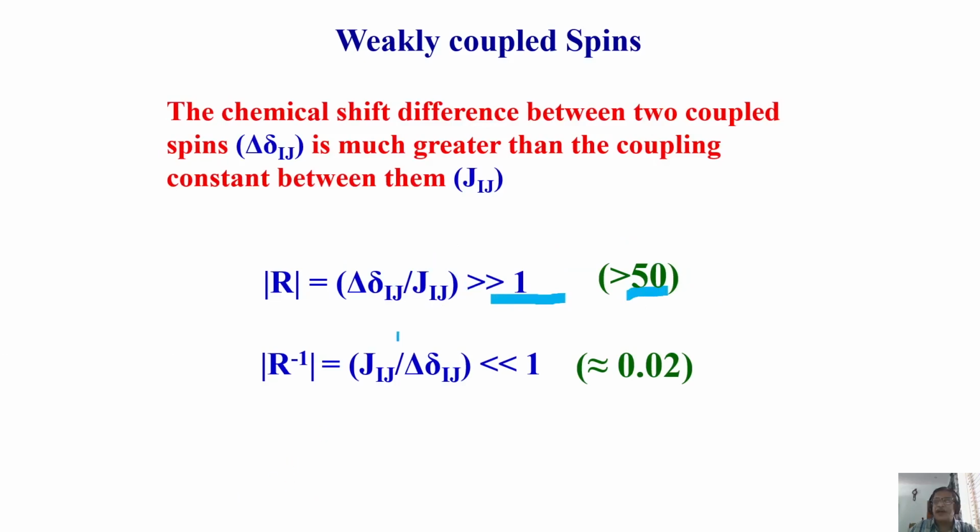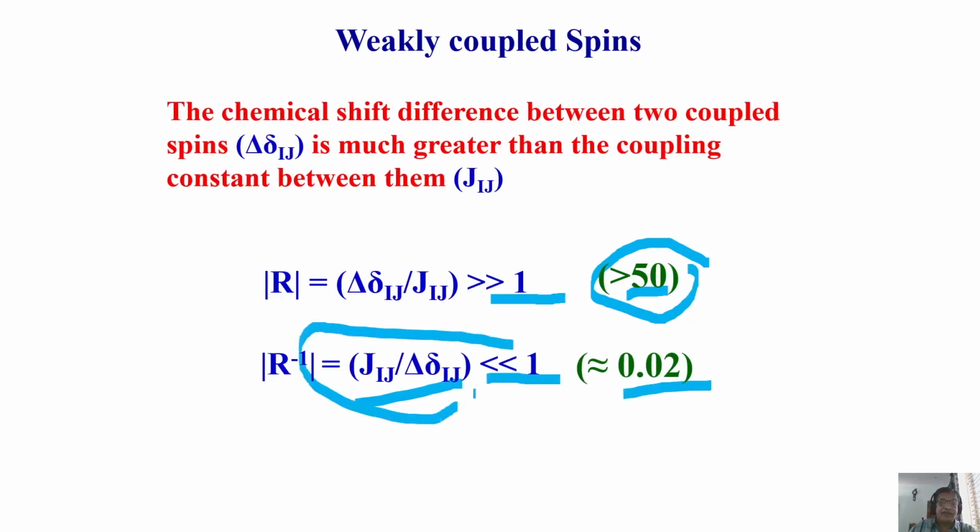Some books write in a different manner. You understand? Some books write the inverse of this. They write J over delta, in which case this has to be very much smaller than 1, of the order of 0.02. Some books follow this, some follow that. Don't worry about it. But just remember one thing.